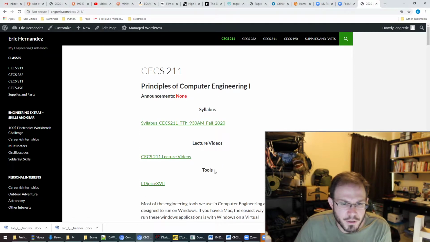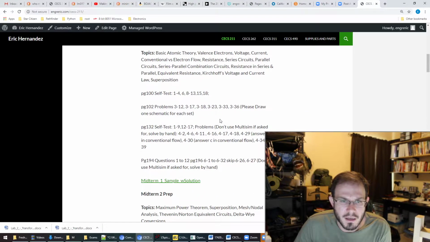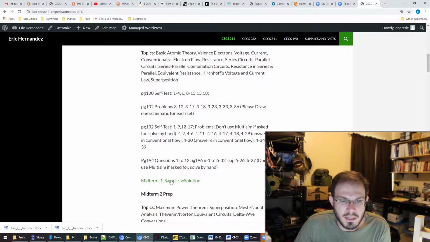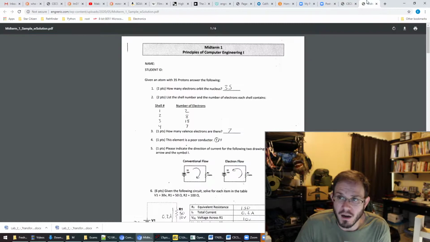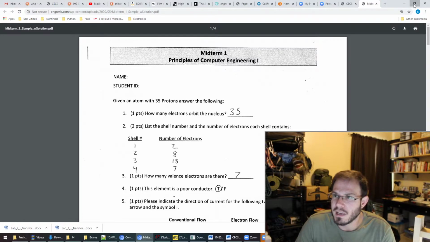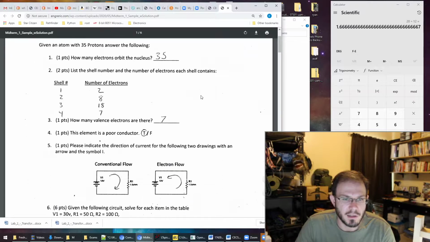Let's take a look at 211. There is some homework, some midterm 1 prep material, and I even have a midterm 1 sample with a solution on there. So this is an exam I've given in the past. It's been up there since the beginning of class, so hopefully you've taken a look at this.